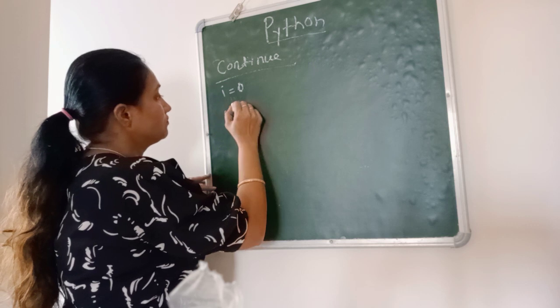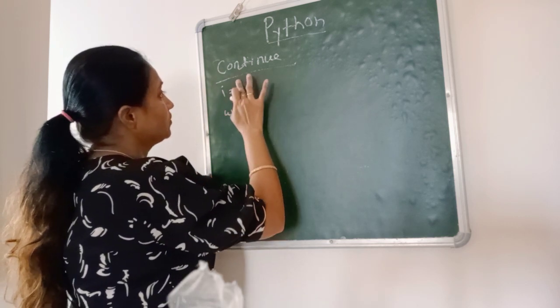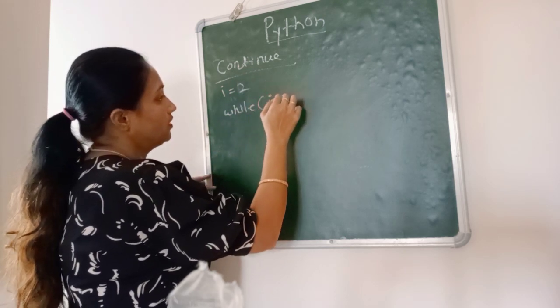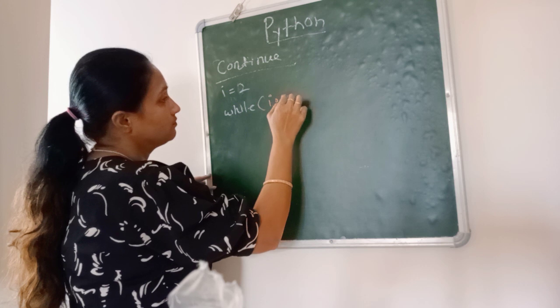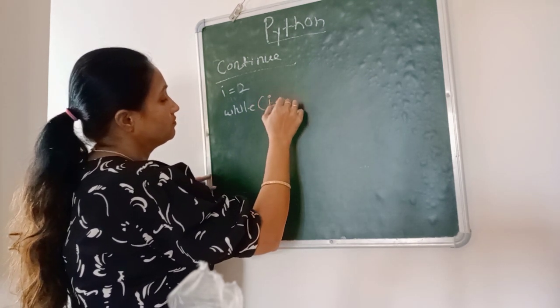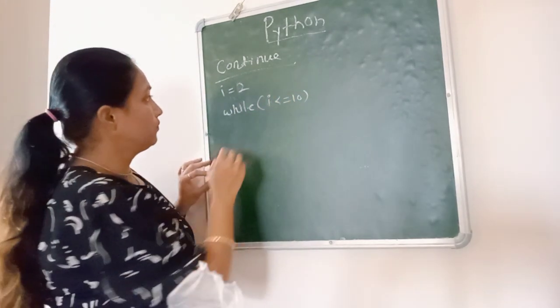Let us run a while loop. For even numbers we'll take from 2, I up to 10, we'll run the loop.